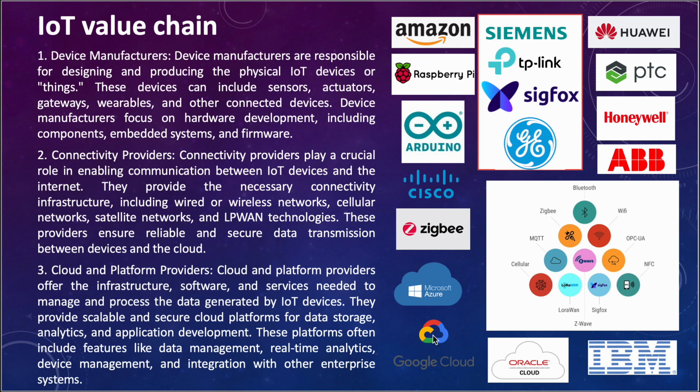So which companies here provide these components, or concentrate more on hardware? So we have Raspberry Pi over here. We know that it is a company mainly dedicated to building embedded systems, right?